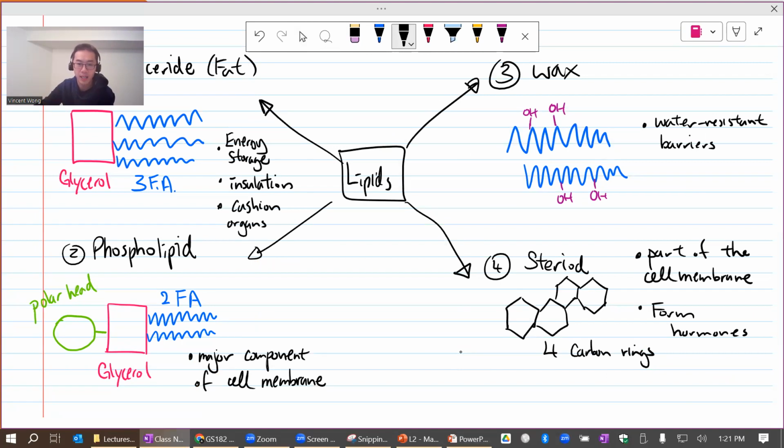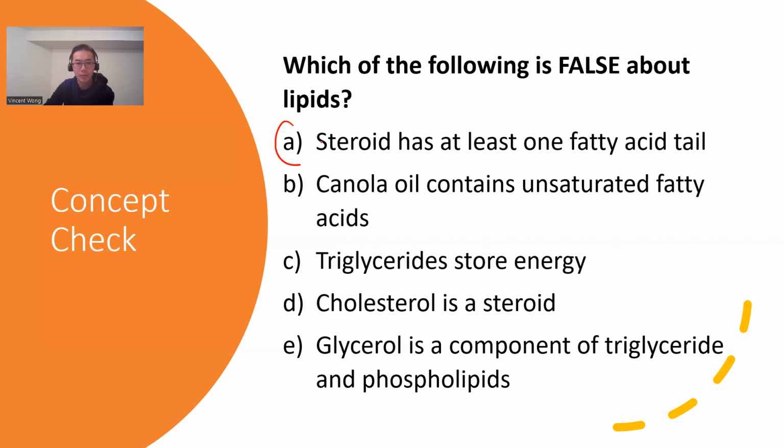All the other ones have fatty acids, but not steroid. The only thing that makes a steroid is that it has 4 rings. There could be other things attached to it, but it doesn't necessarily have to have a fatty acid. So that's why this is incorrect. Everything else here is correct.